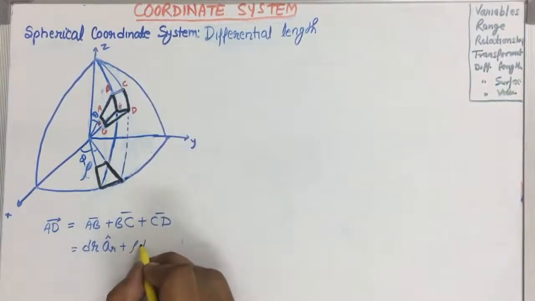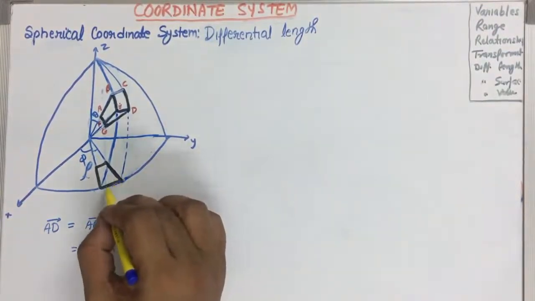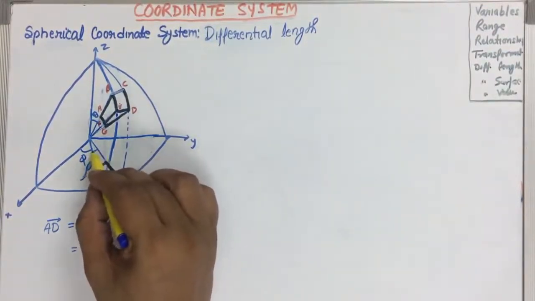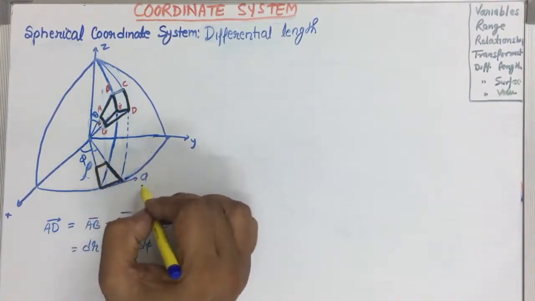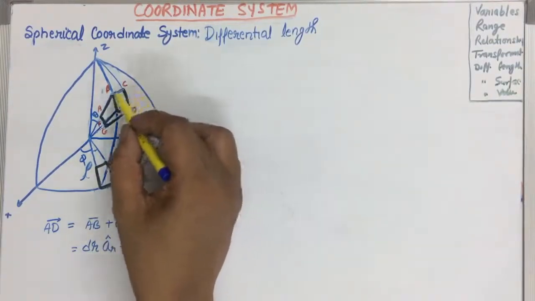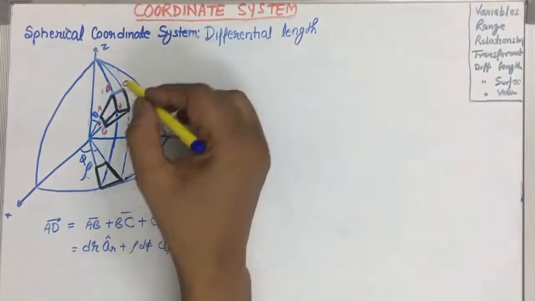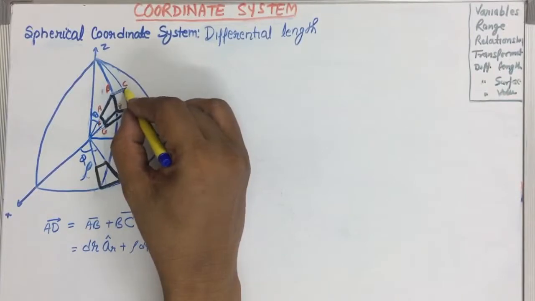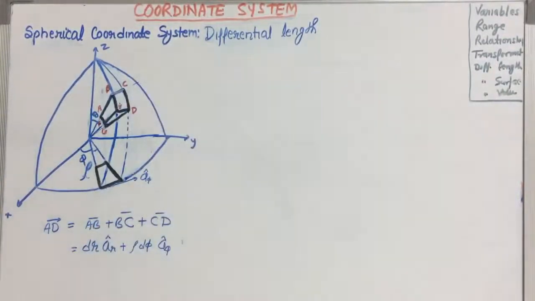So BC can be written as rho d phi, and the direction of phi is changing in this direction, so it is the a phi direction. BC is in the direction of a phi, moving tangent to the surface.